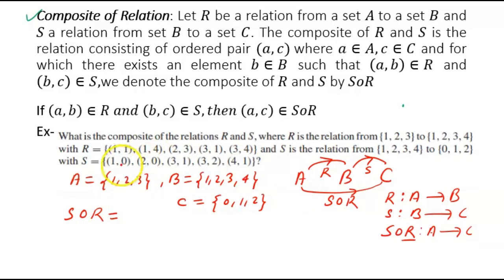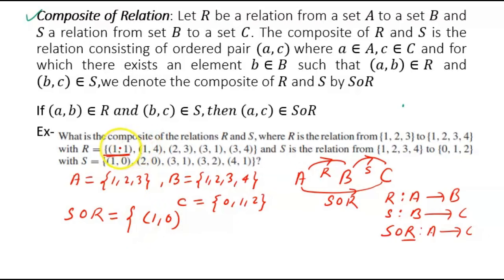In R we have the element (1,1). So 1 is going to 1, and here 1 is going to 0. R is taking 1 to 1, but S is taking 1 to 0. So ultimately 1 is going to 0.